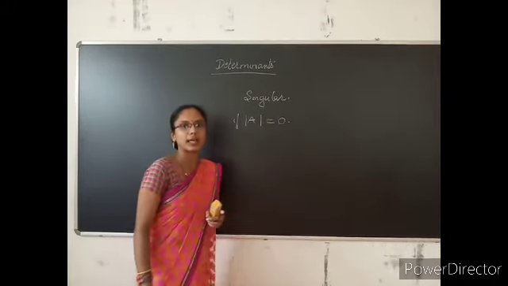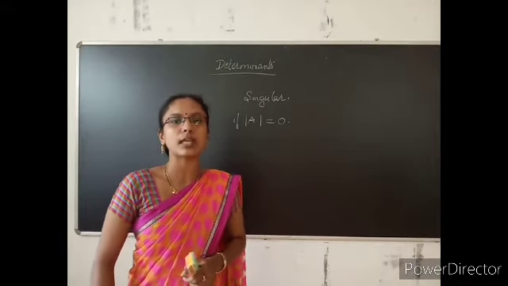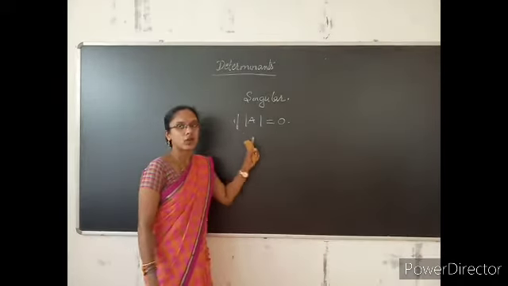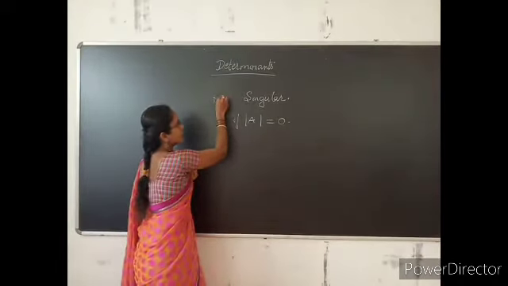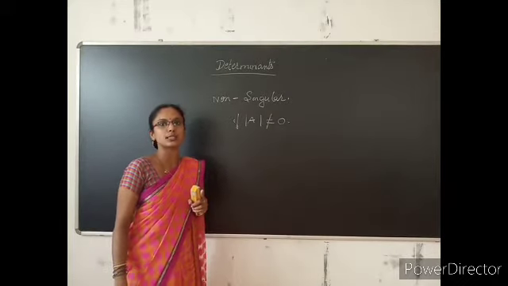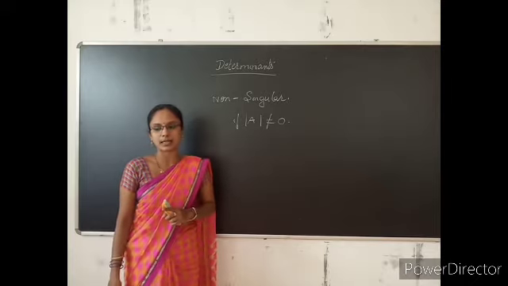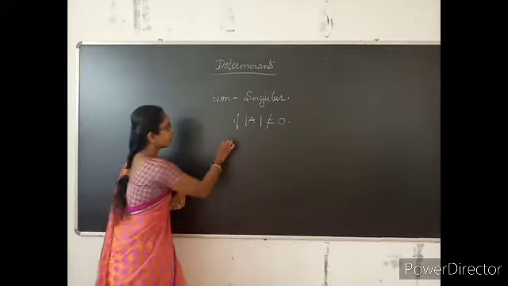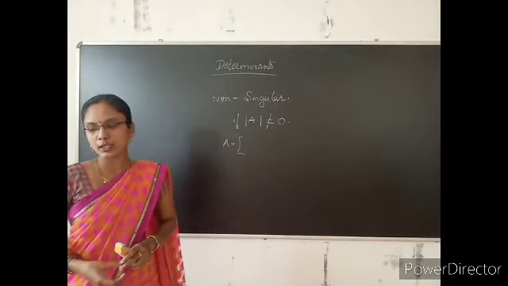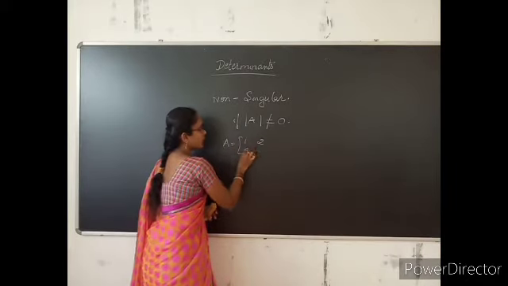Otherwise, we call it a non-singular matrix. That means if determinant A is not equal to 0, then the matrix is non-singular. For example, suppose the matrix A is 1, 2, 4, 8.